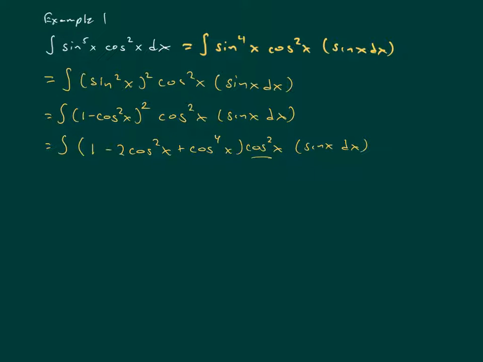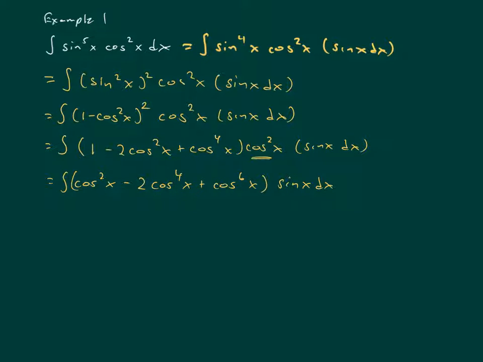If I distribute this cosine squared x inside, I am going to get the integral of cosine squared x minus 2 cosine to the fourth x plus cosine to the sixth x, that whole thing times that sine x dx. And now I'm set to go and do the u substitution.